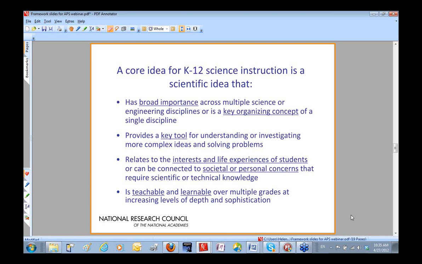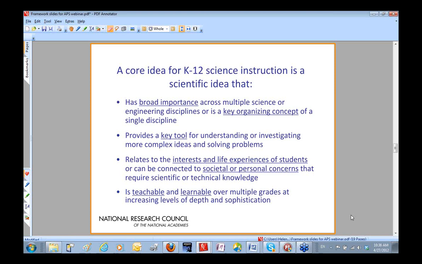The second 2 are more about K-12 education, that this idea is something that's important for all students to learn, means it should in some way be important in the students' lives or be able to be connected to them. And that may foreground an idea which, when you look at it just from a disciplinary perspective, is not as core as it would be when you look at it from the perspective of what's important for students to learn.